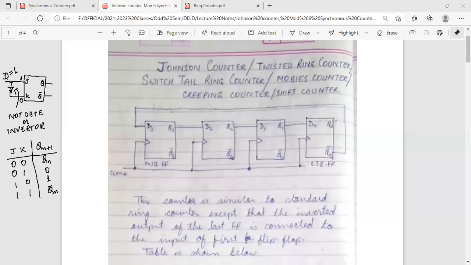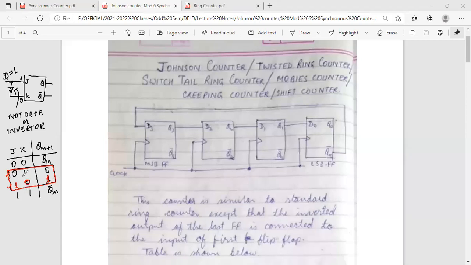What you can observe in the D flip-flop is that the values of J and K are limited to only these two cases, 01 and 10. In the D flip-flop we can give only this possibility, because the inputs will be complements of each other. Since we have only two inputs, it will be either 01 or 10. These are the only two possible combinations. Based on that, we already know that in the JK flip-flop, if J is 0 and K is 1, the next state will be 0, and if J is 1 and K is 0, the next state will be 1.